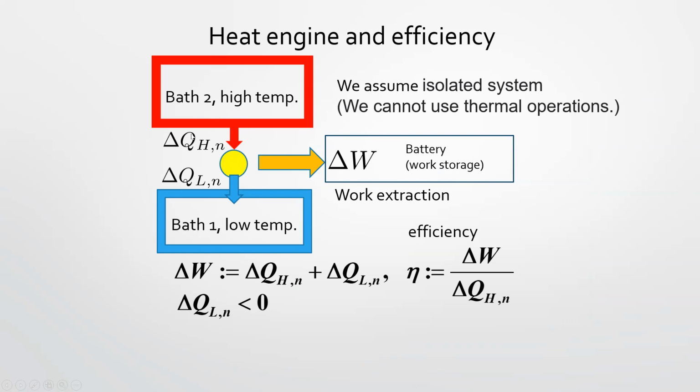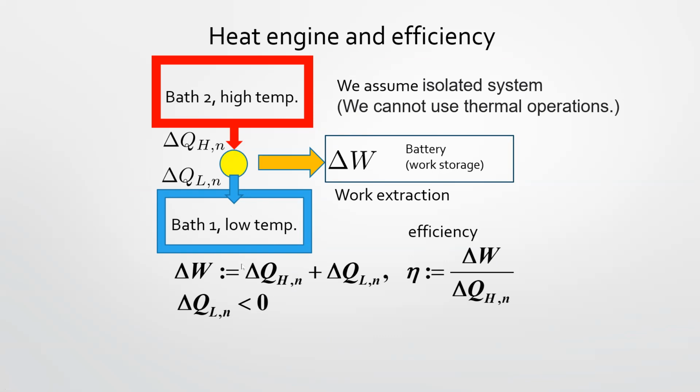And we often define it in this way. There is a difference of energy. The loss of internal energy is considered as a battery because we have a conservation law for energy.